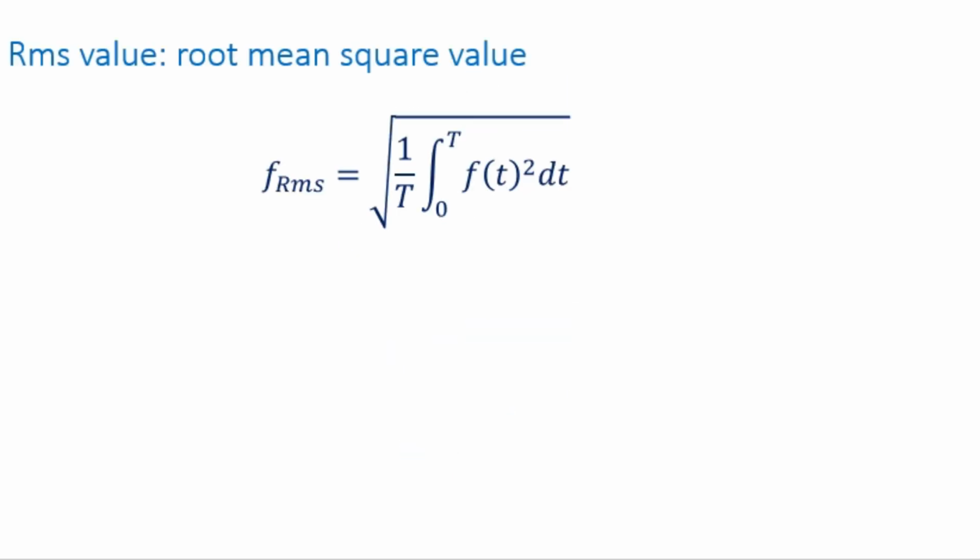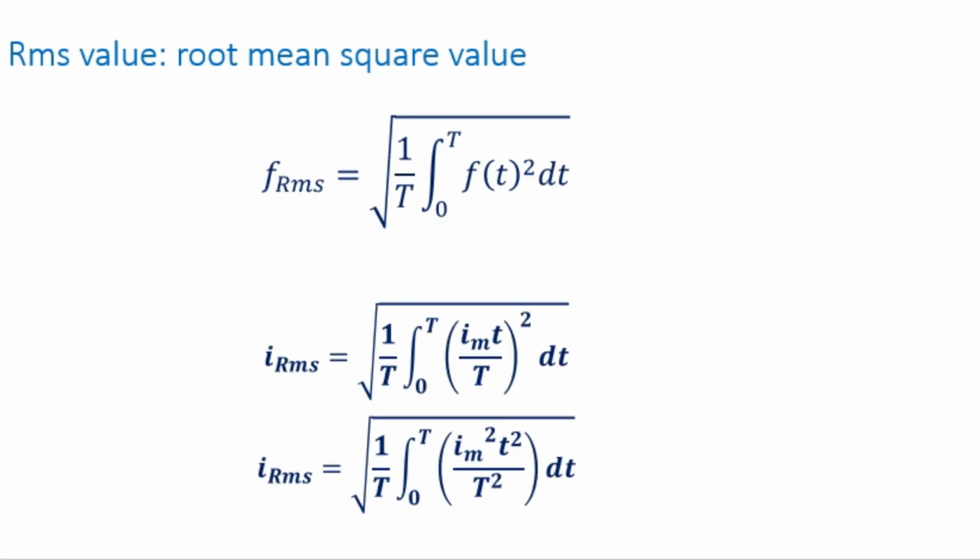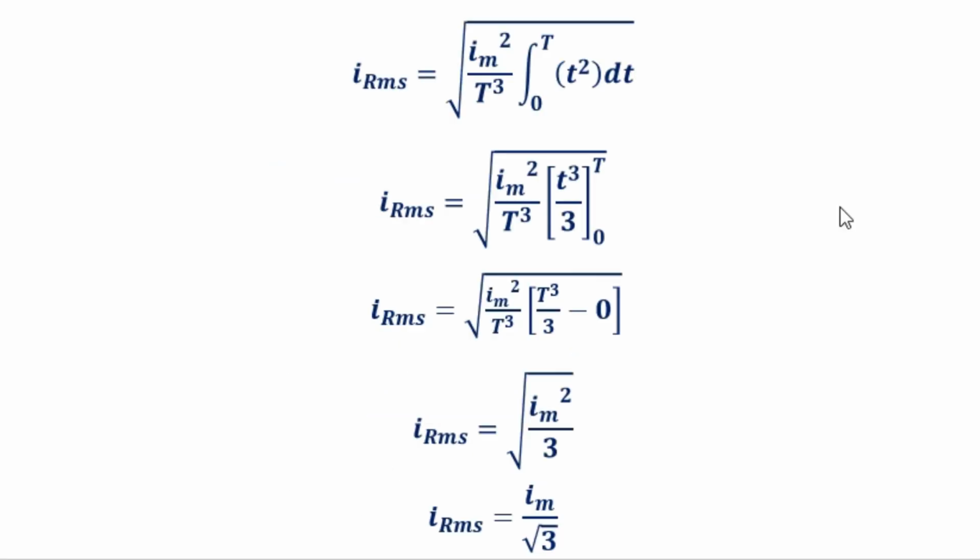RMS value means root mean square value. F RMS equals under root of 1 by T integral 0 to T of f(t) whole squared dt. Now we know the function f(t) equals Im into small t by capital T, and the limits are 0 to capital T. By substituting the values, IRMS equals under root of 1 by T into integral 0 to T of (Im into small t by capital T) whole squared dt. That is, Im squared t squared by capital T squared dt.